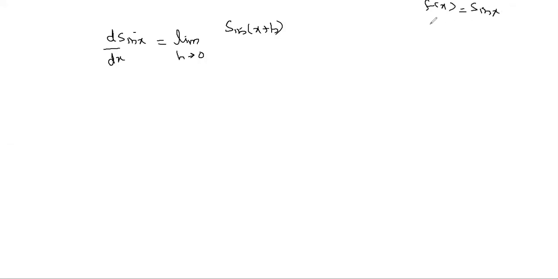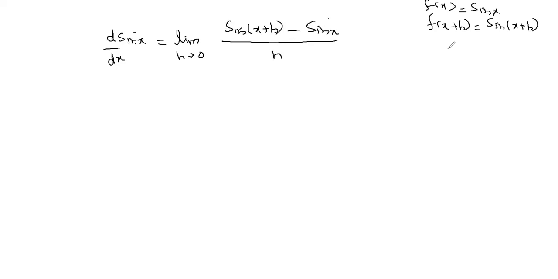So what will be f(x+h)? It will be sin(x+h). Wherever x is, you give a small increment, so x plus h. So sin(x+h) minus sin x, divided by h.